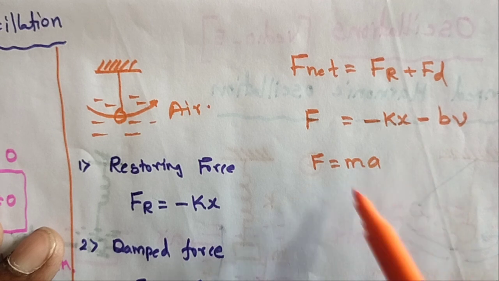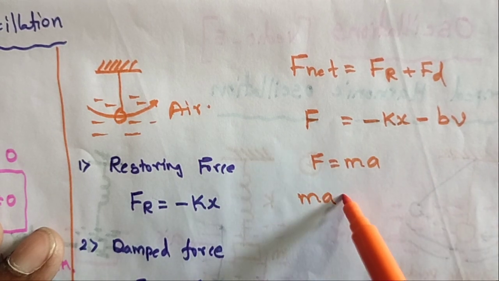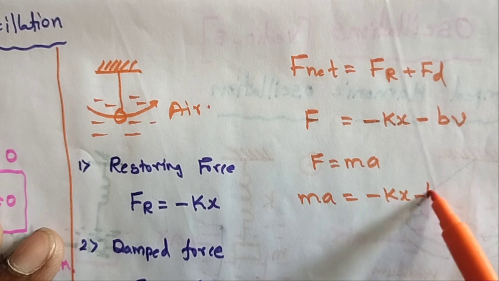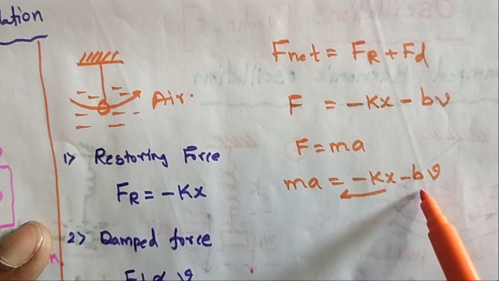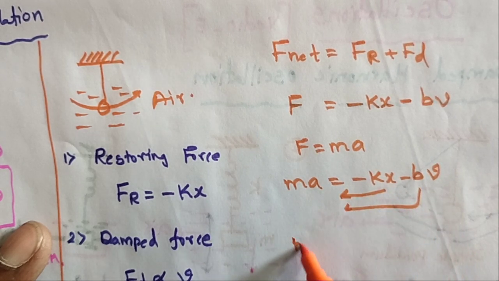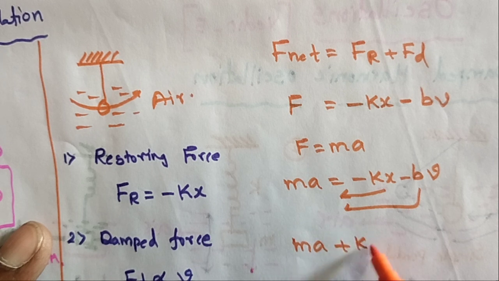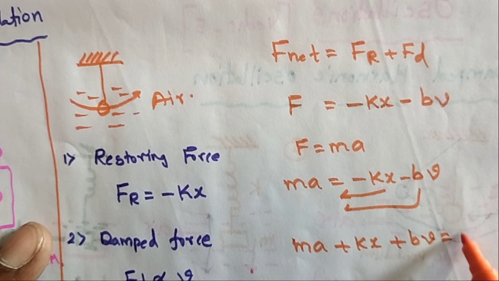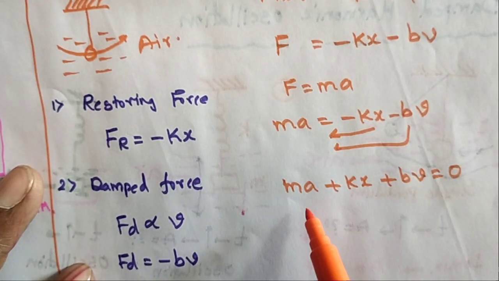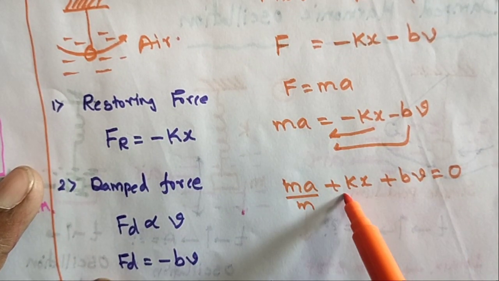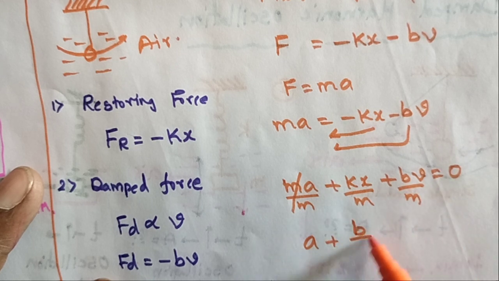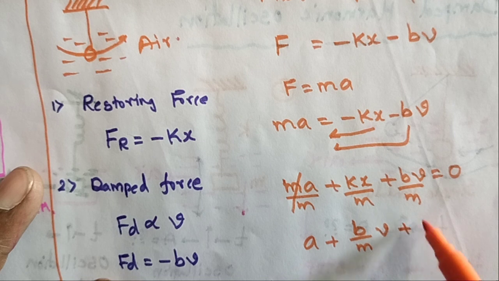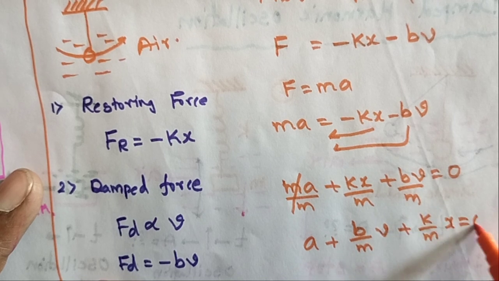Substituting in the above equation, ma is equal to minus kx minus bv. Taking these terms to the left, ma plus bv plus kx is equal to 0. Dividing by m in all terms, m cancels, so a plus b by m into v plus k by m into x is equal to 0.